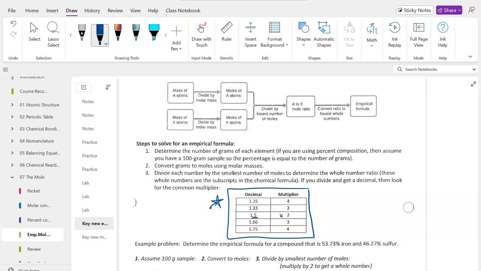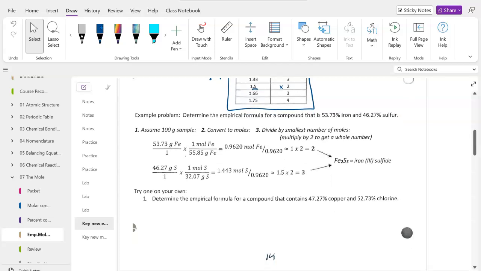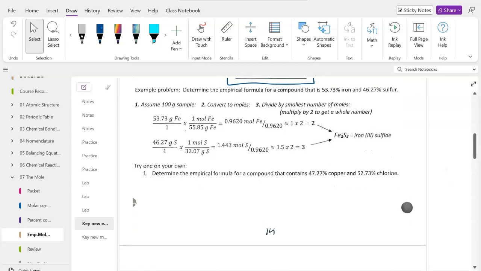So you may see that here as well. This little box of information tells us other fractions and what their multiplier should be to make them whole numbers. There's an example problem down below, and it goes through all the different steps we need to figure out the empirical formula of the substance.